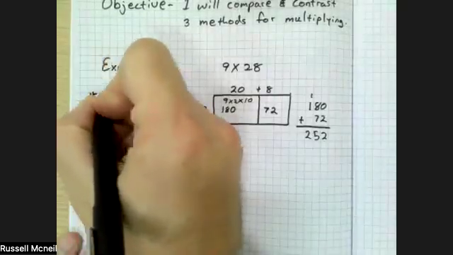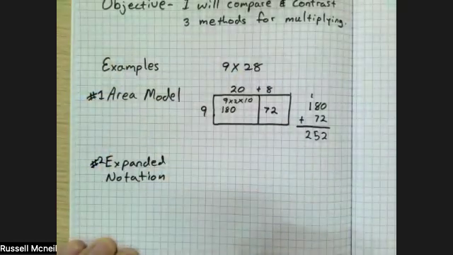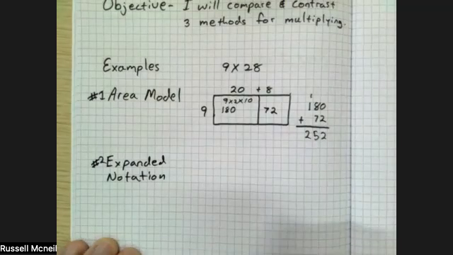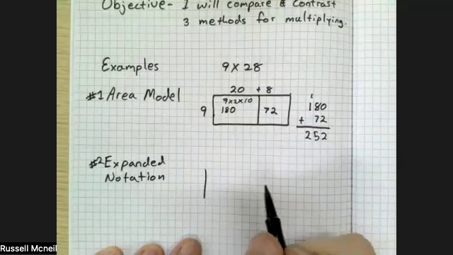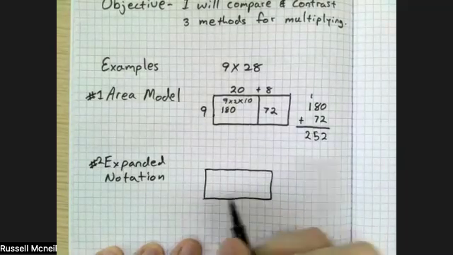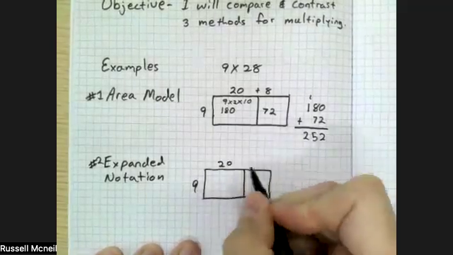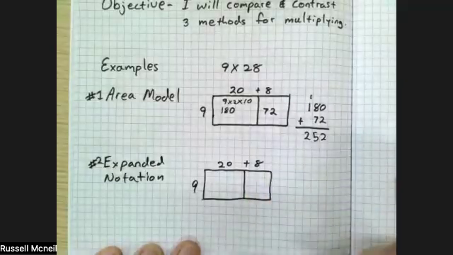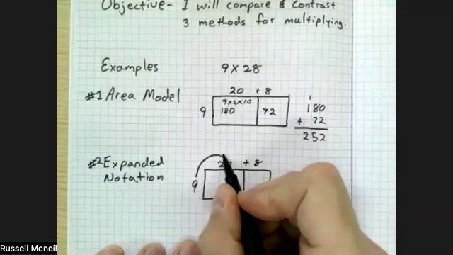Let's number area model number 1, number 2 for expanded notation. Now, expanded notation, we saw this in our workbooks. I'm going to draw a similar area model. 9, 20 plus 8. This is where we were distributing using an area model.